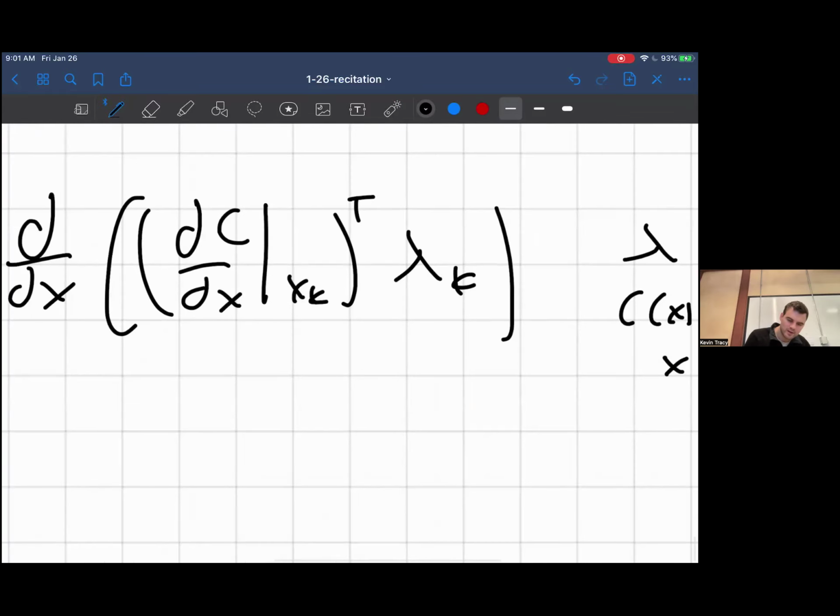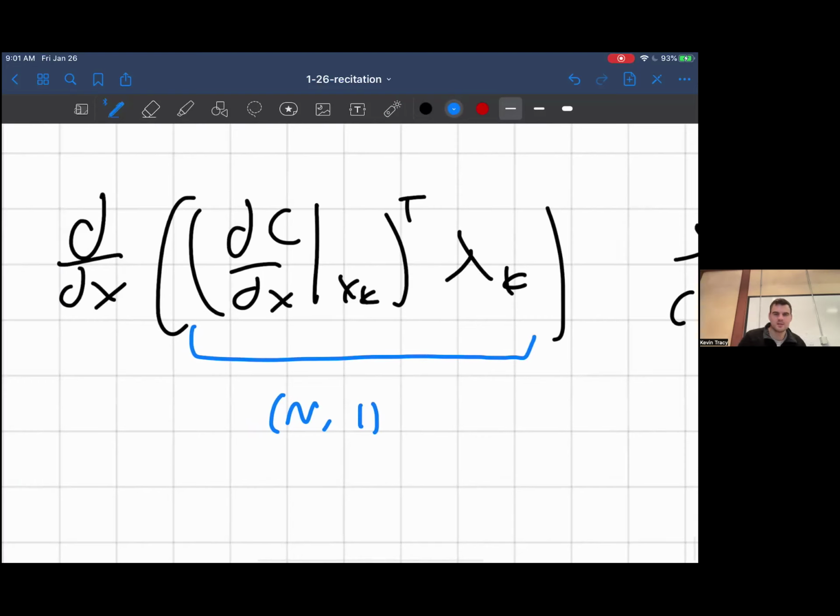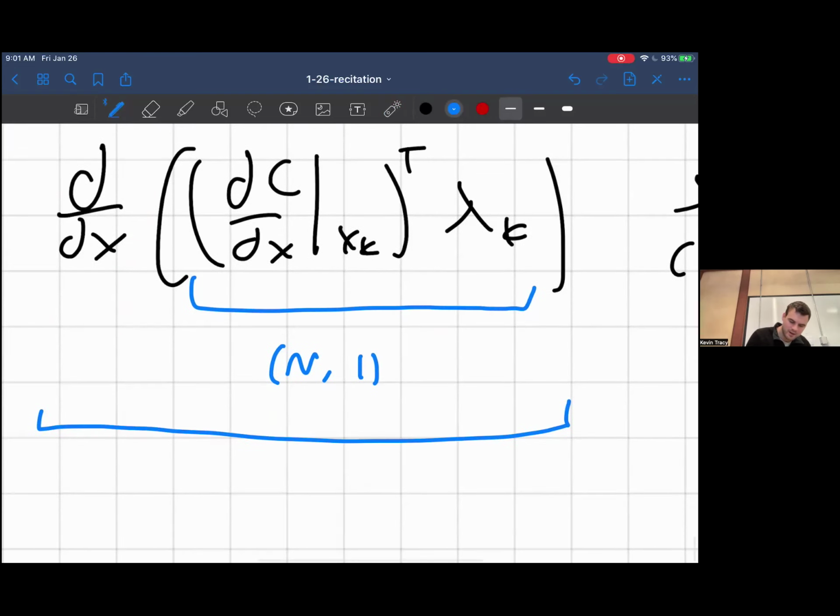So this portion right here, this section, this is an n by 1 matrix. And then this d/dx makes this whole thing n by n.